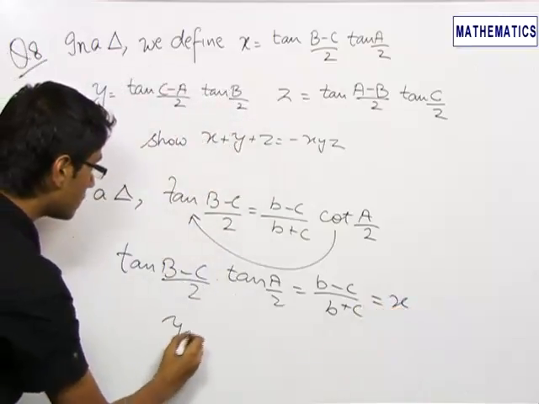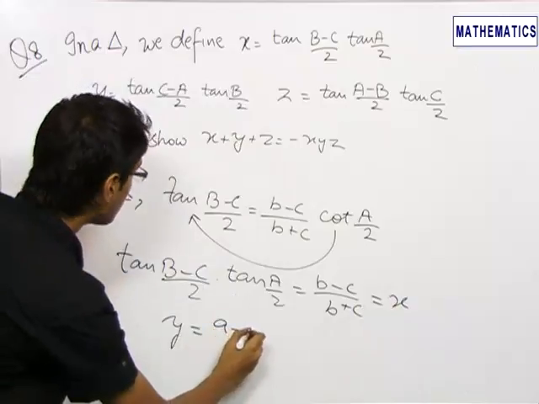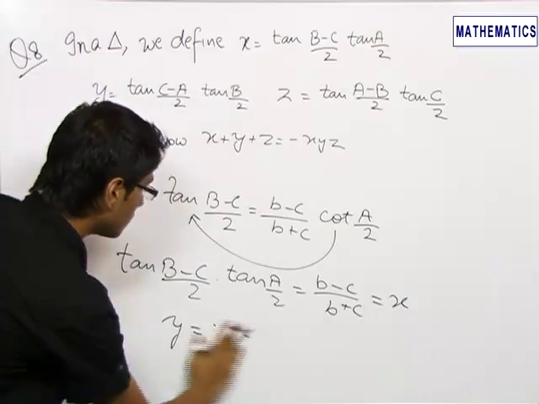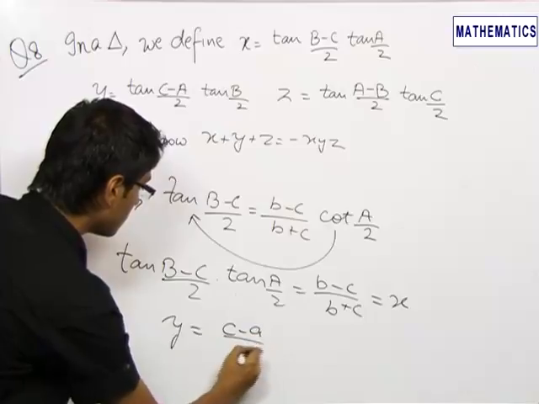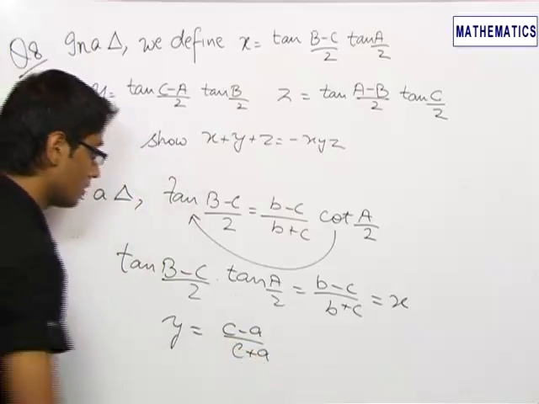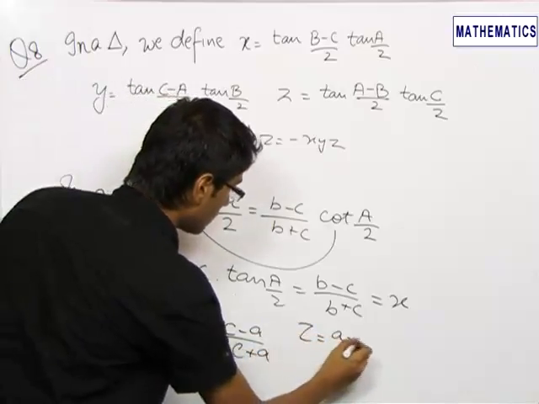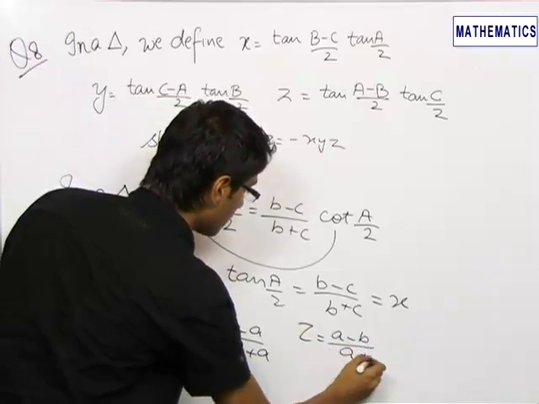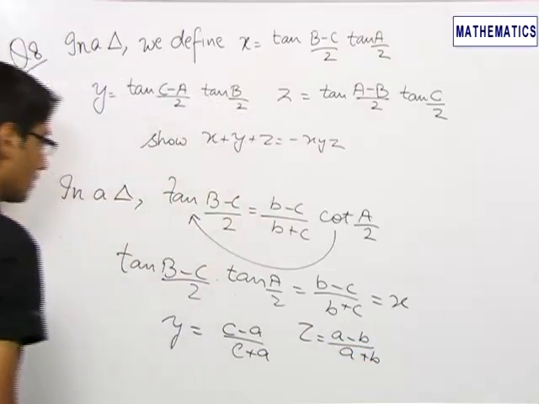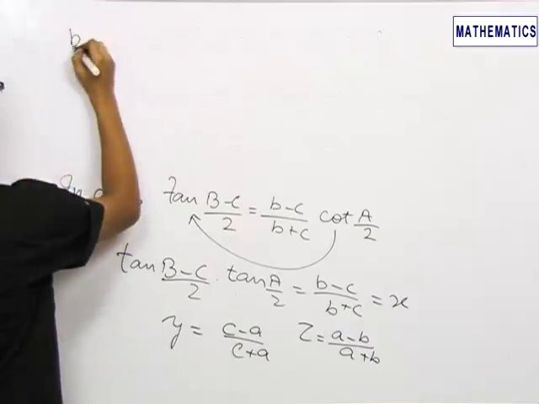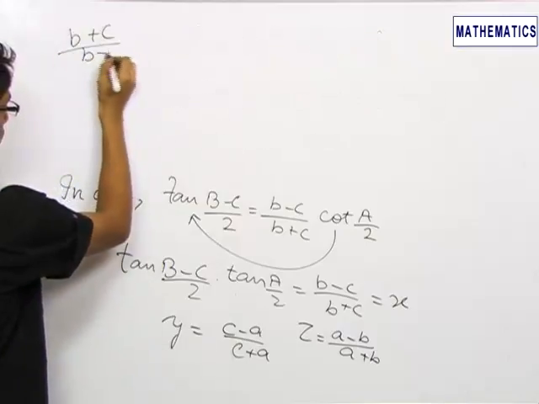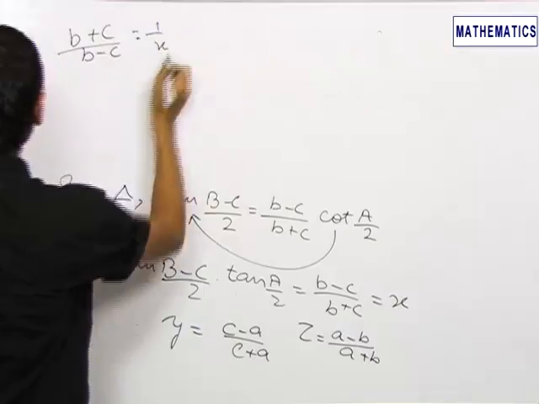Similarly, we can get y as (c minus a) upon (c plus a), and z as (a minus b) upon (a plus b). Now (b plus c) upon (b minus c) equals 1 upon x.